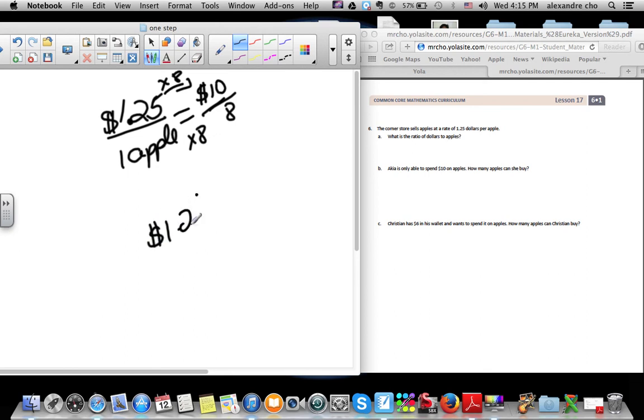Okay, and then let's do it again. The ratio is 1.25 over 1 apple. And this time around, you want to know what happens when you have $6. I think it's 4.8.